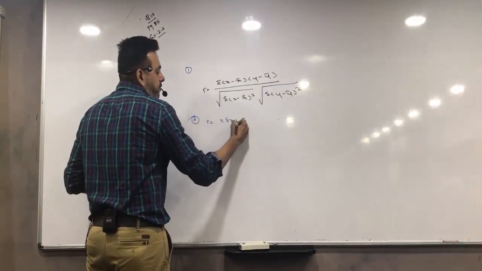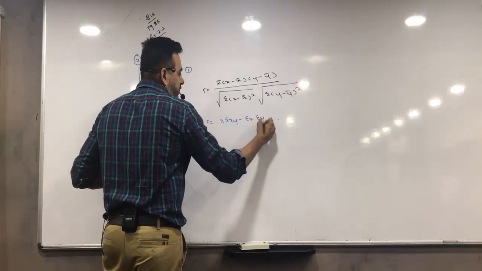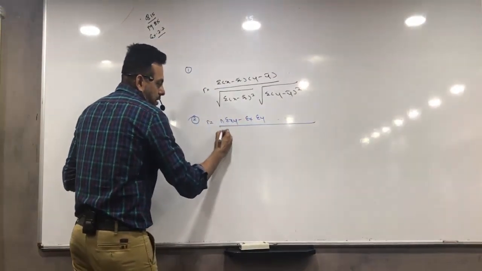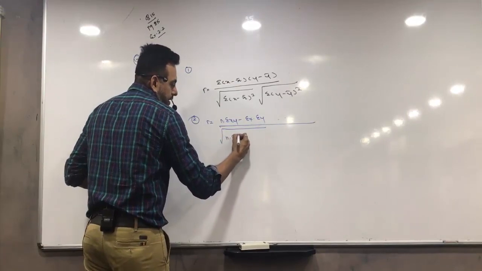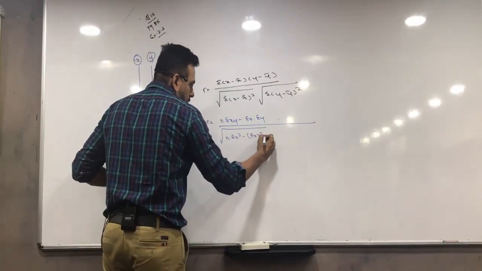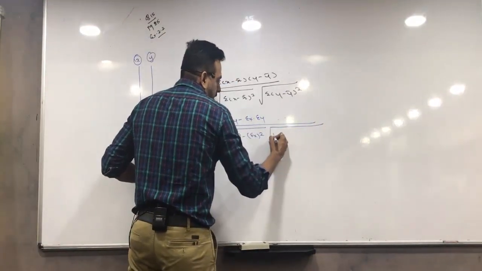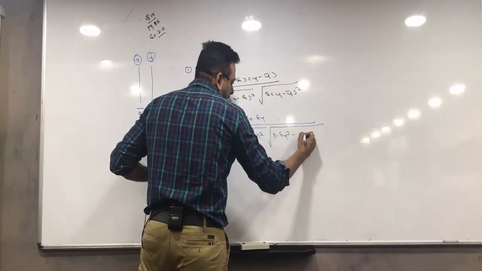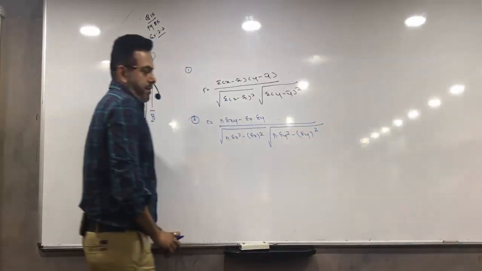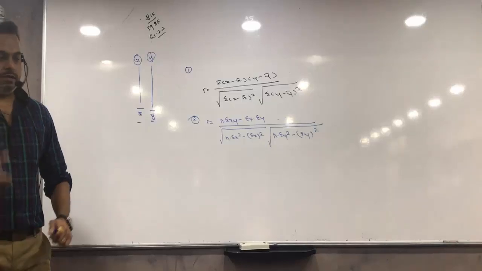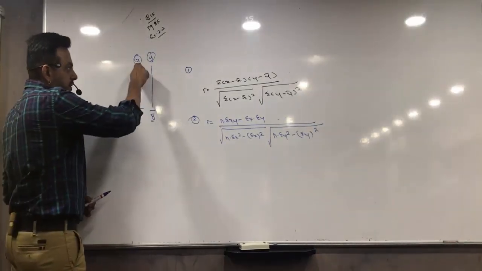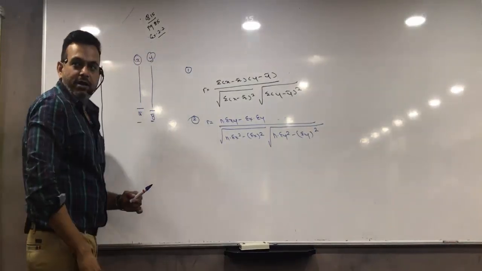In this, r is equal to n sigma xy minus sigma x into sigma y upon under root n sigma x square minus sigma x the whole square, under root n sigma y square minus sigma y the whole square. Write it out in this form. This was very simple, just squares and multiplying both.